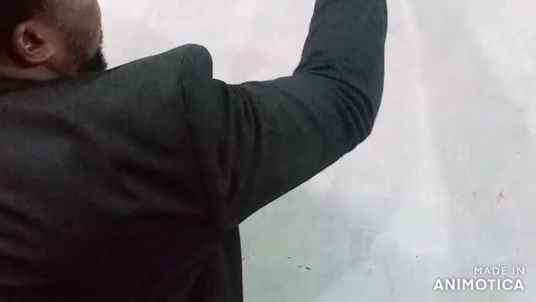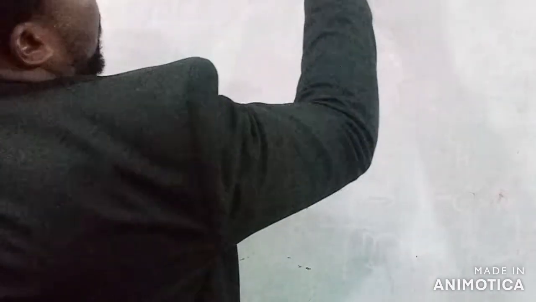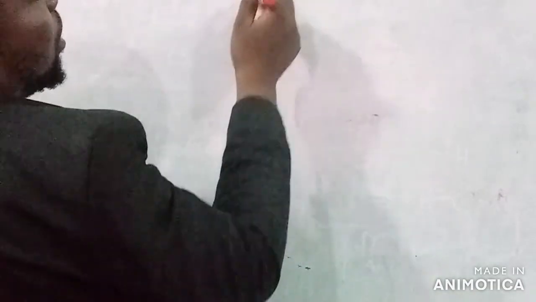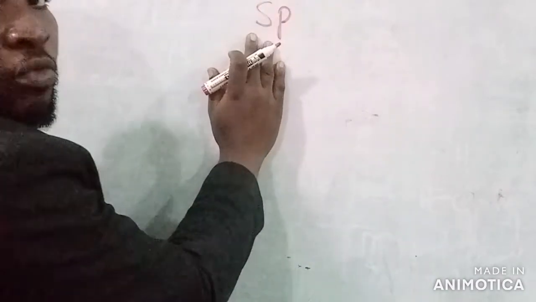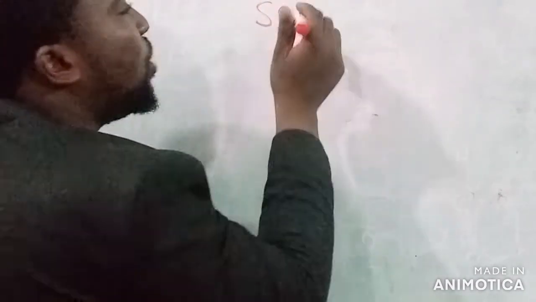So this is the second S, this is the Px, the Py, and the Pz. And then here, hybridization stops right at this point. So it is only one electron from the S and one electron from the P that will give rise to this type of hybrid, which is called sp hybrid orbital.